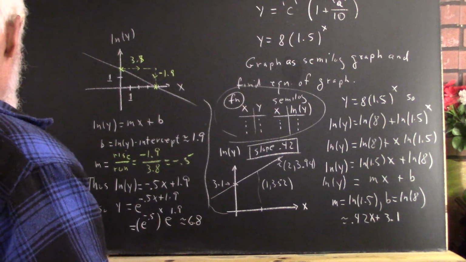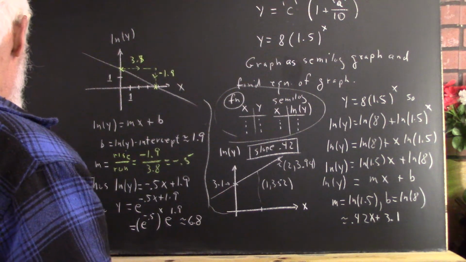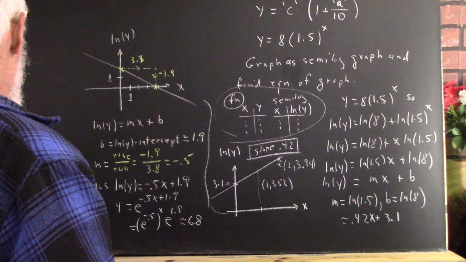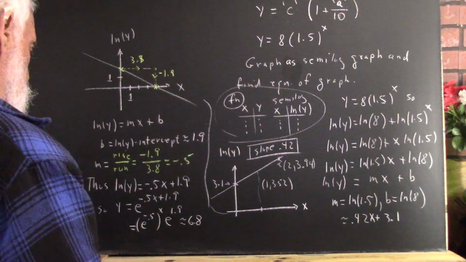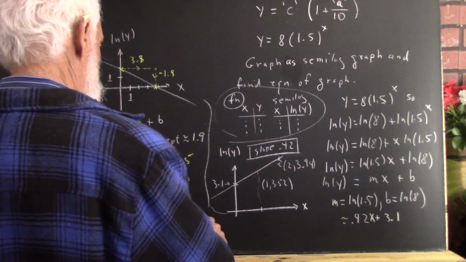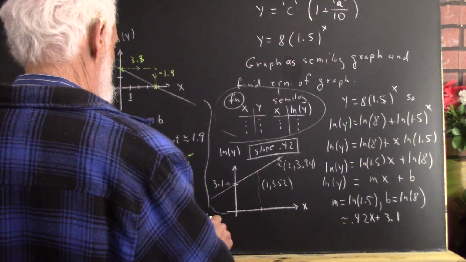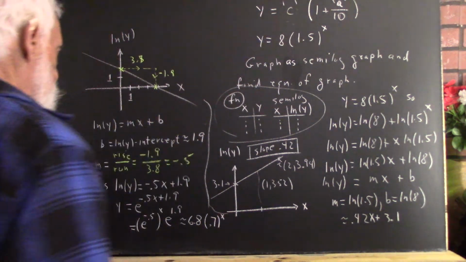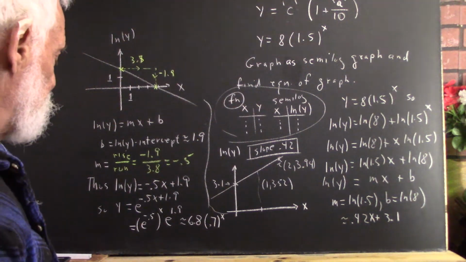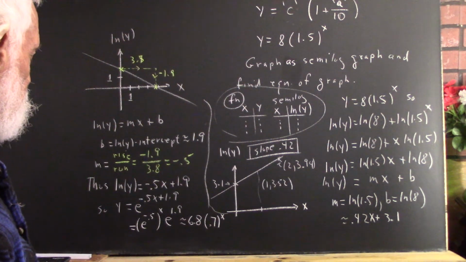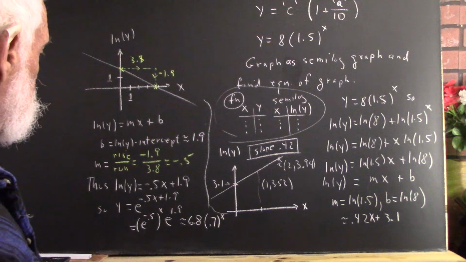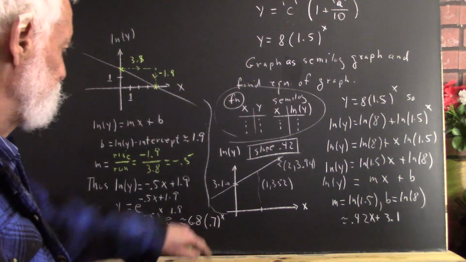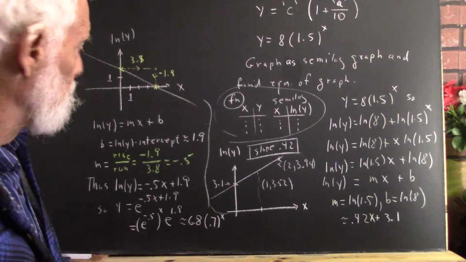So the reciprocal of that would be a little more than 0.7. So I'm just going to say 6.8 times 0.7 to the x, and that's a reasonable approximation to the function.